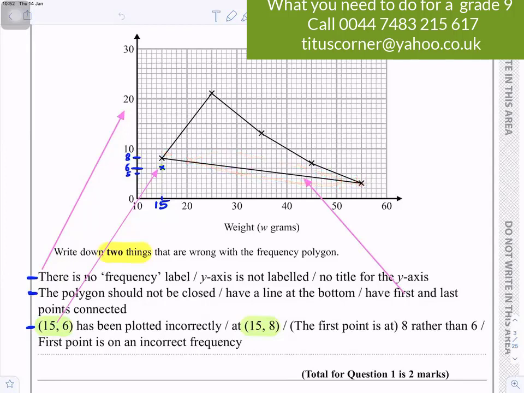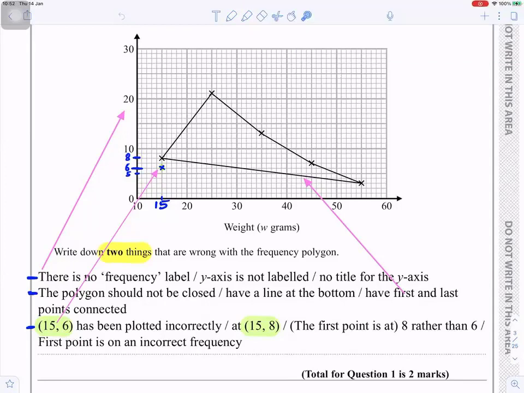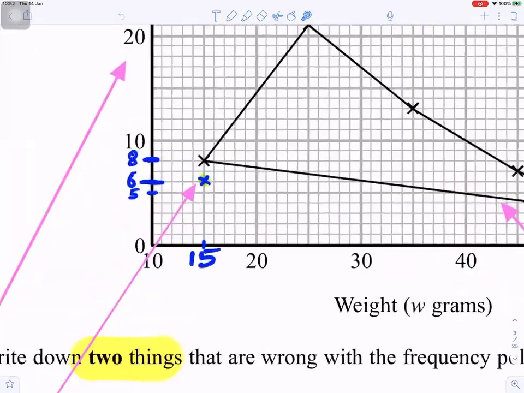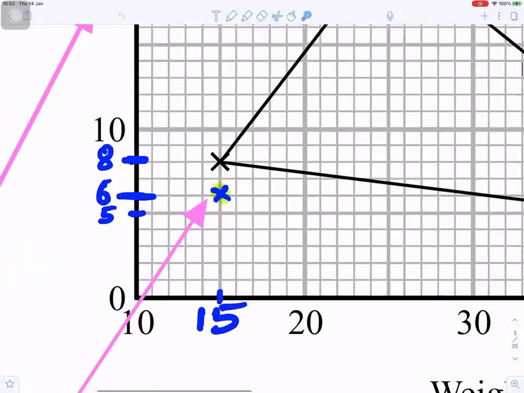That's the second thing. And another thing is the point 15.6 has been plotted incorrectly. So if I zoom in, we want to plot 15.6 to be down here.